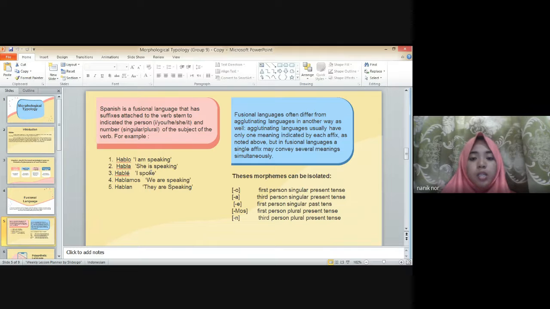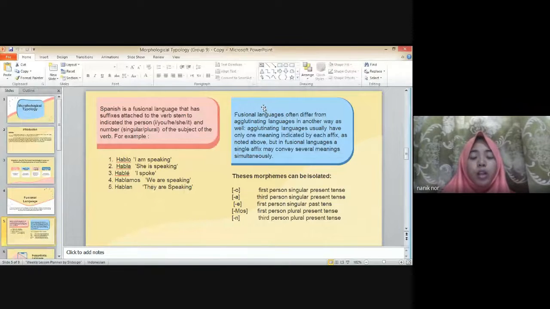Spoke is the past tense of speak. And then hablamos, the mos means first person, plural, present tense. That is we. Hablan, the an means third person, plural, present tense. They are speaking.